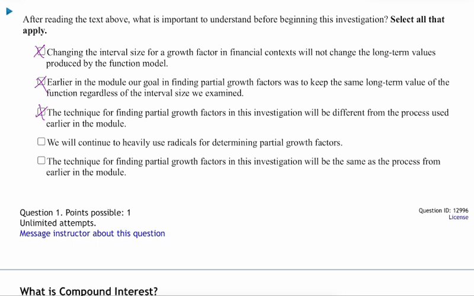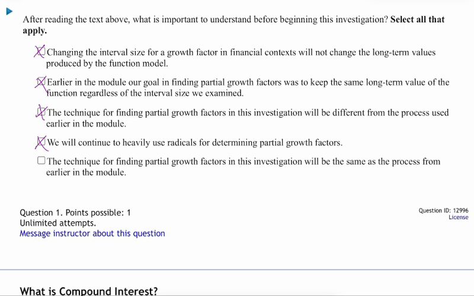And we will continue to heavily use radicals to determine partial growth factors. That is true. The technique will be the same as the process from earlier in the module. That is not true.